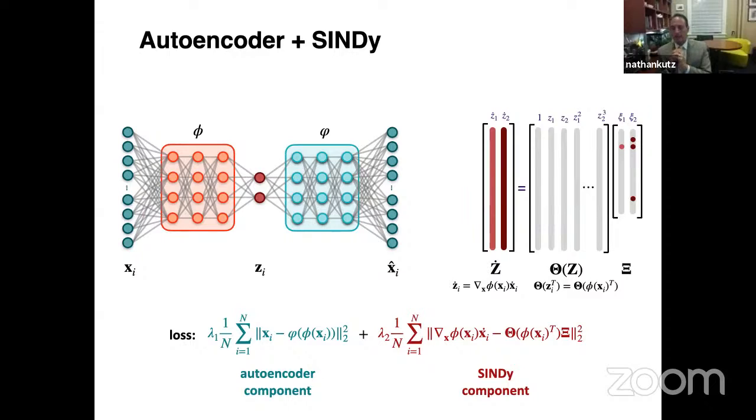And here's why. It turns out one of the interesting things about neural networks is they break in a lot of interesting ways. So when we first trained this, we trained Z to have just the SINDY loss function. And what it did is said, oh, you want to satisfy something here in Z. So the neural network got smart and it said, all right, tell you what, when I go from X to Z, it's almost like it decided I'll just divide by some big number, like 10,000. So when I'm in Z, everything's tiny.